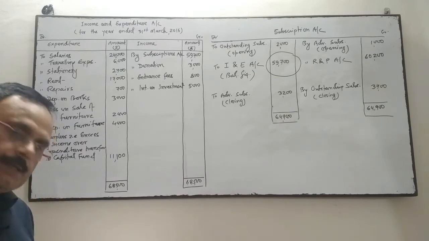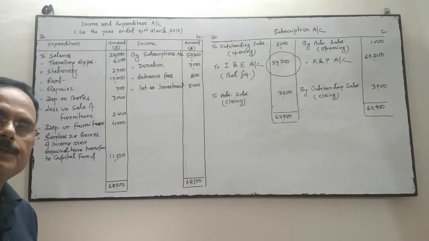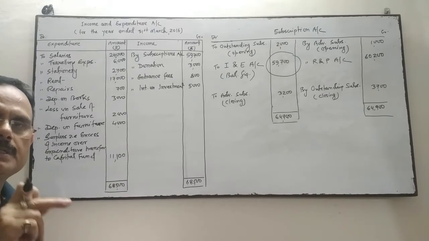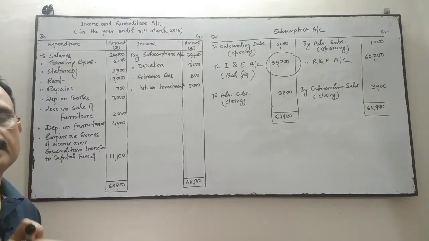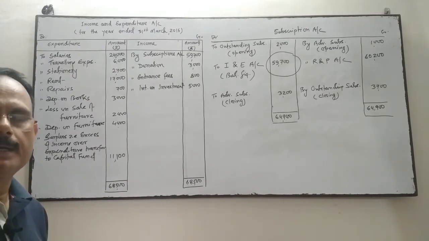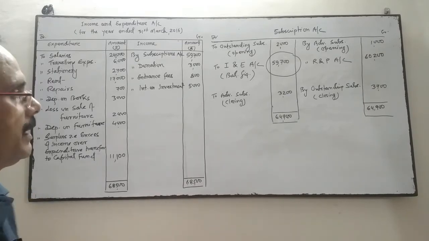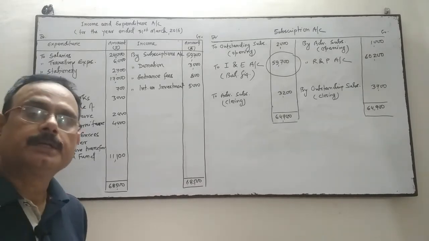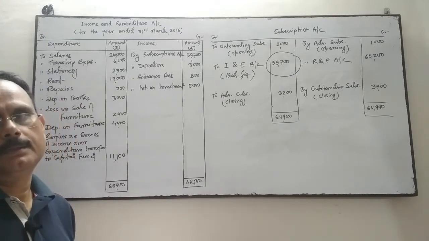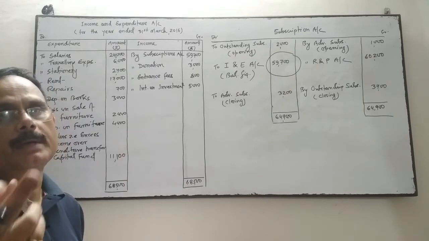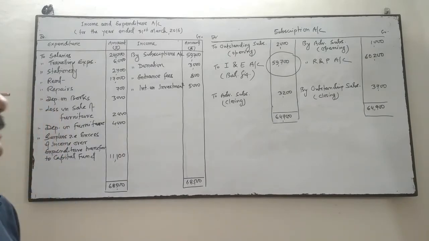So on the basis of the assets and liabilities given for the previous year, we will prepare the balance sheet of the last year so that we can find the opening capital fund. Thereafter, we will prepare the final balance sheet of the current year.